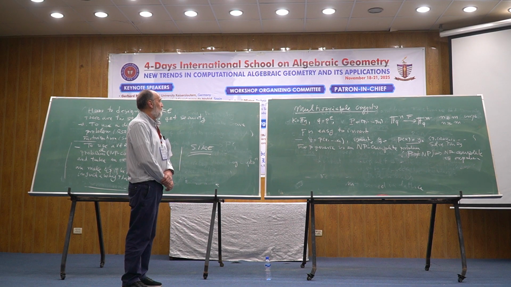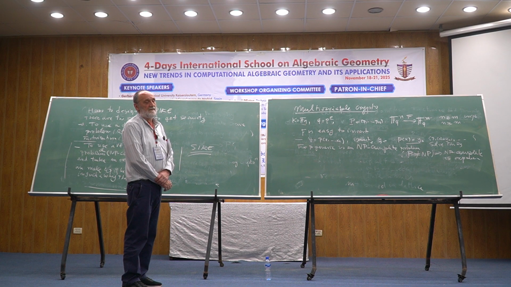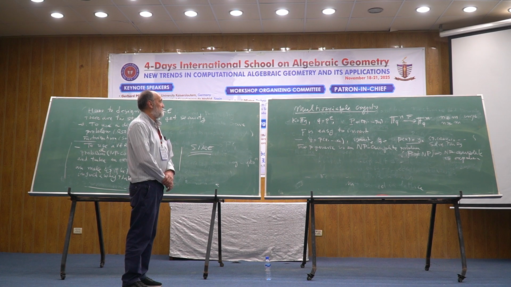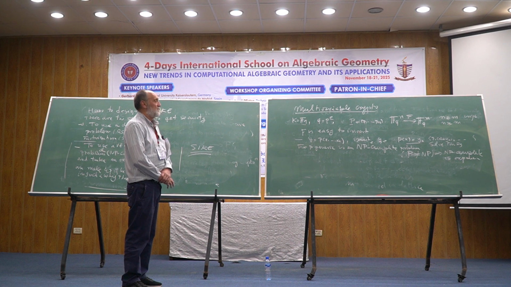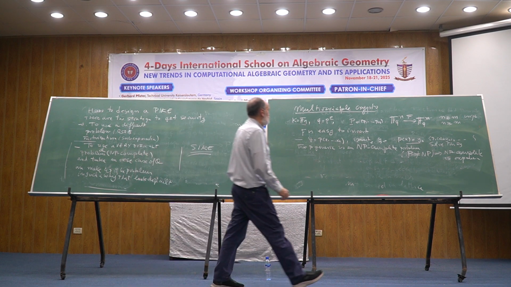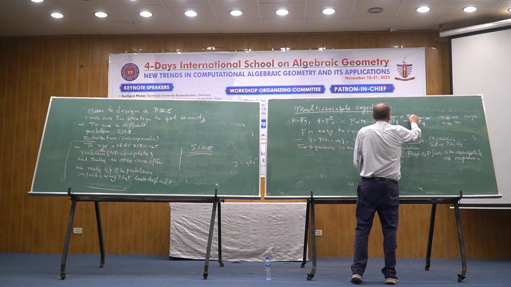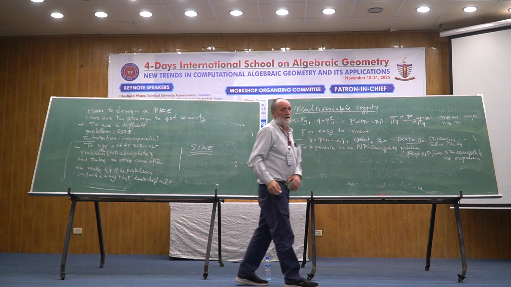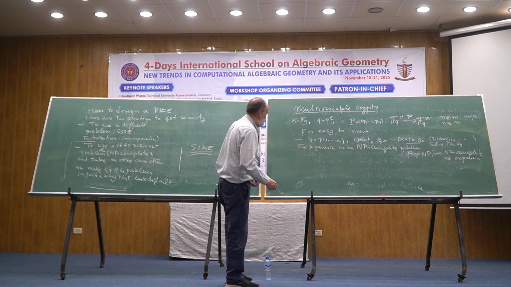Now, to get a public key cryptosystem, you need an easy system of polynomials, and then pretend it is difficult. So how is this done?